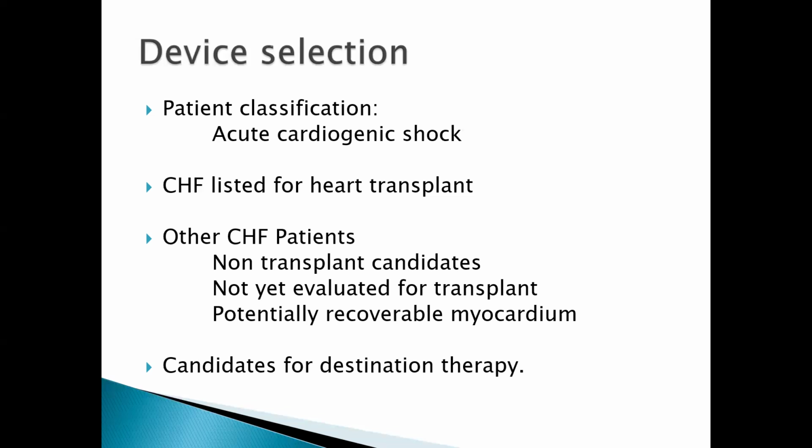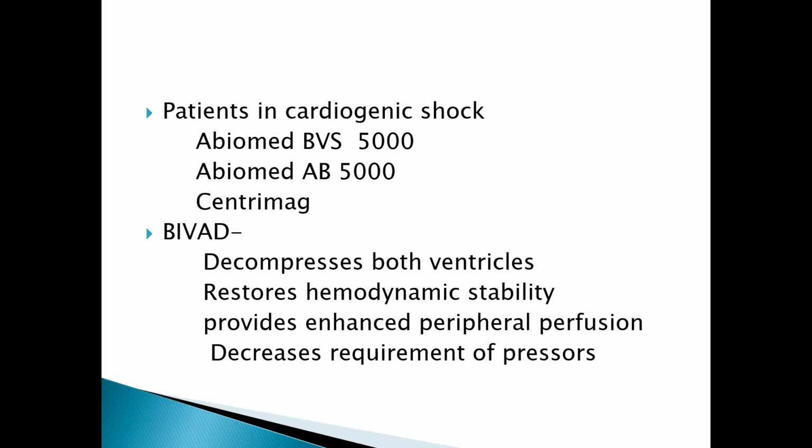You also need to classify the patient. Also, other congestive heart patients who are not transplant candidates and not yet evaluated for transplantation, and potentially have recoverable myocardium. You need to consider all these things before looking for the appropriate device to use at that point. Then also whether the patient is a candidate for destination therapy.